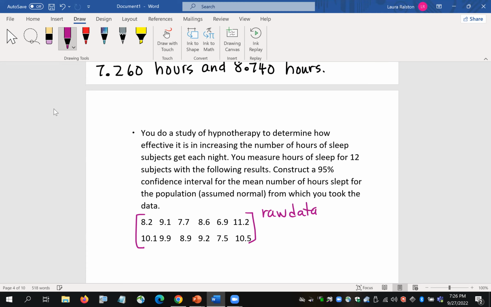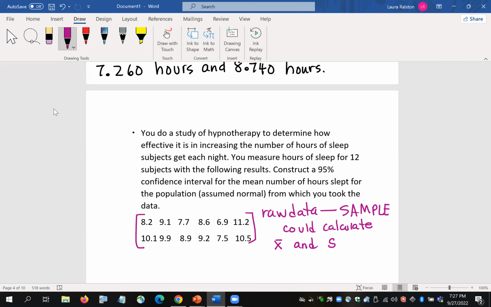This raw data is my sample. So I could calculate the sample mean and the sample standard deviation if I needed to.